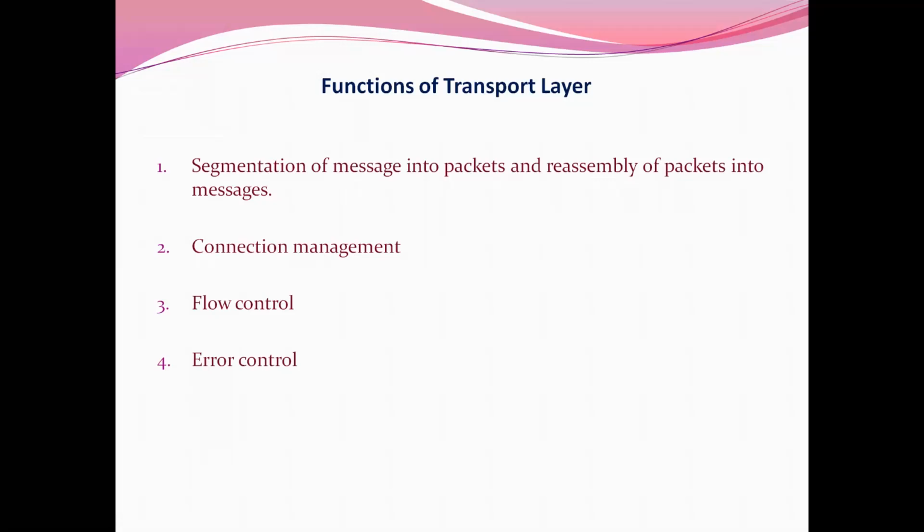So the transport layer breaks that data into segments. These segments reach the lower layer, the physical layer, and from the physical layer they travel through the physical medium and reach the host. At the host, these packets are again reassembled to form a single message.